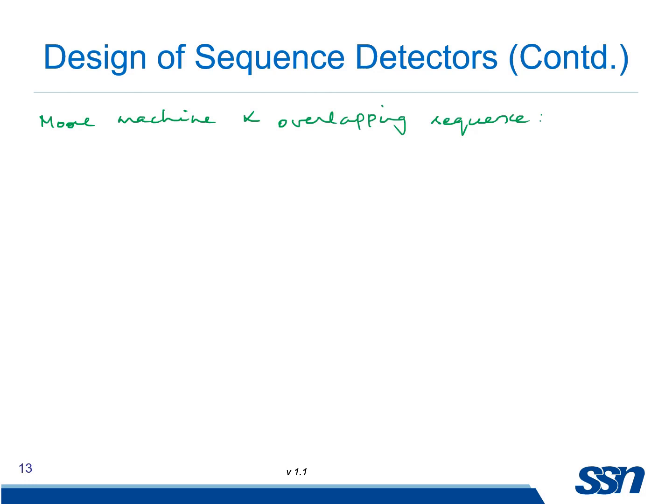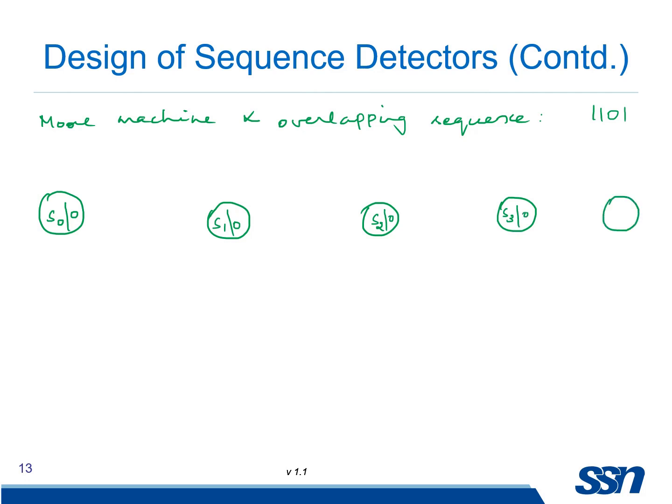Again, the same way, we have 5 states for detecting 1101. I have included the outputs as well over there: S0, S1, S2, S3 and S4. As I mentioned for the Mealy machine, here also the procedure is same, only the last state differs.